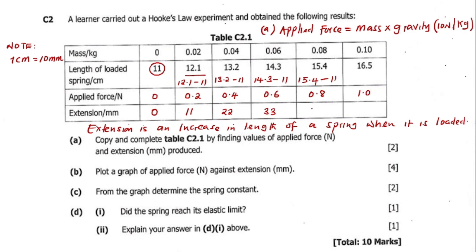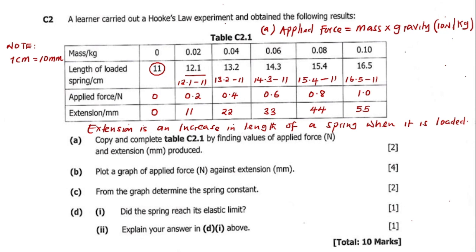When you multiply by 10, it's going to give you 44 what? Millimeters. The next one, 16.5, minus the 11, you are going to get 5.5 multiplied by 10, that's going to give us 55 millimeters.